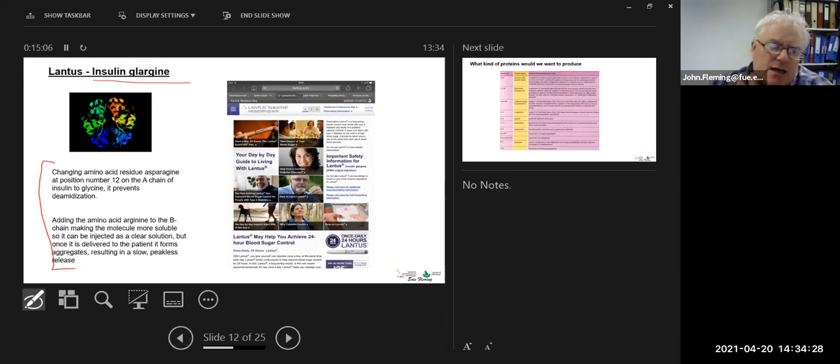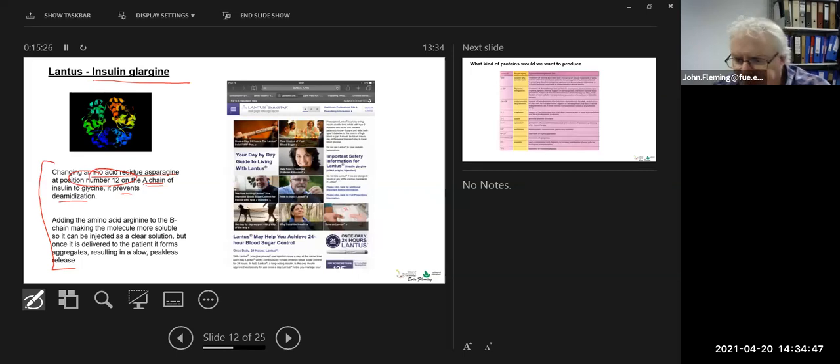How does this happen? Well, changing the amino acid residue asparagine at position 12 in the A chain prevents the deamidation of insulin, and therefore it slows down the degradation or breakdown of the functional protein drug.